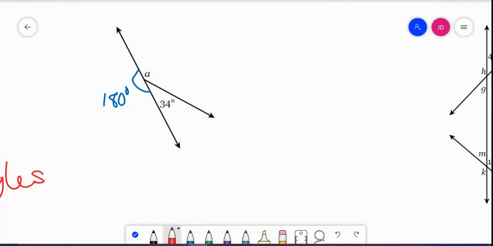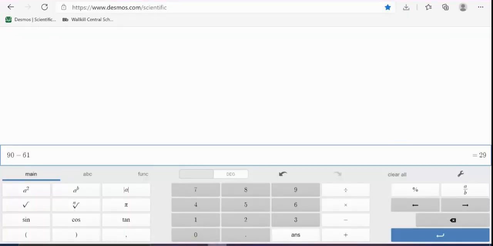To figure out what this part is, you have to take 180 minus this little 34 here. So 180 degrees minus 34 is 146.